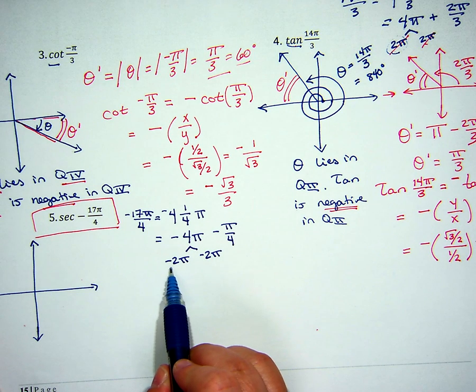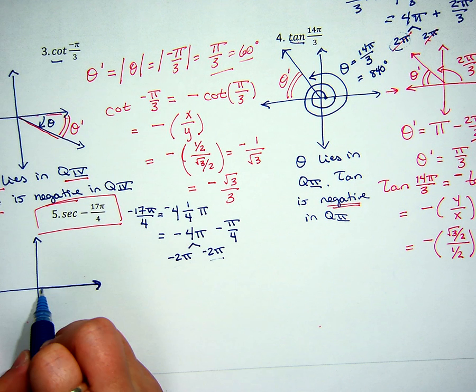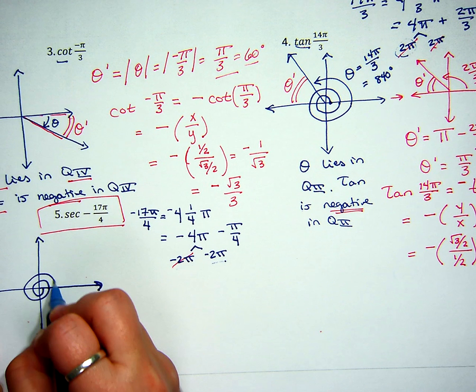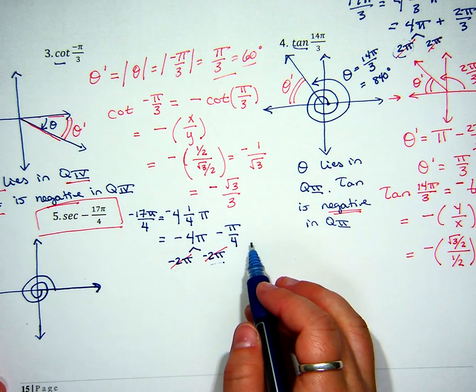So I have one complete rotation and another whole complete rotation in the negative direction. So starting in my standard position, positive x-axis, I'm going to open down 1 whole time. That takes care of this one. I'm going to open down 1 whole time again. That takes care of this one. And then I want to go negative pi over 4 more.